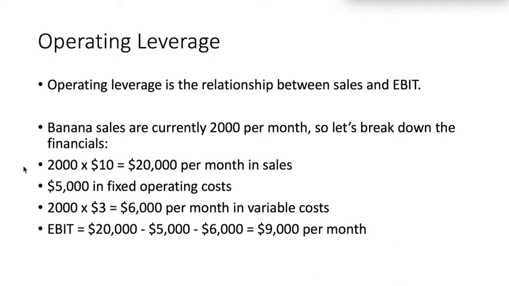If that's the case, then the banana stand is generating $2,000 times $10 equals $20,000 per month in sales, $5,000 in fixed operating costs that we've already established, and $2,000 times 3, which is $6,000 per month, in variable costs. So EBIT for the banana stand currently is $20,000 minus $5,000 minus $6,000 equals $9,000 per month.